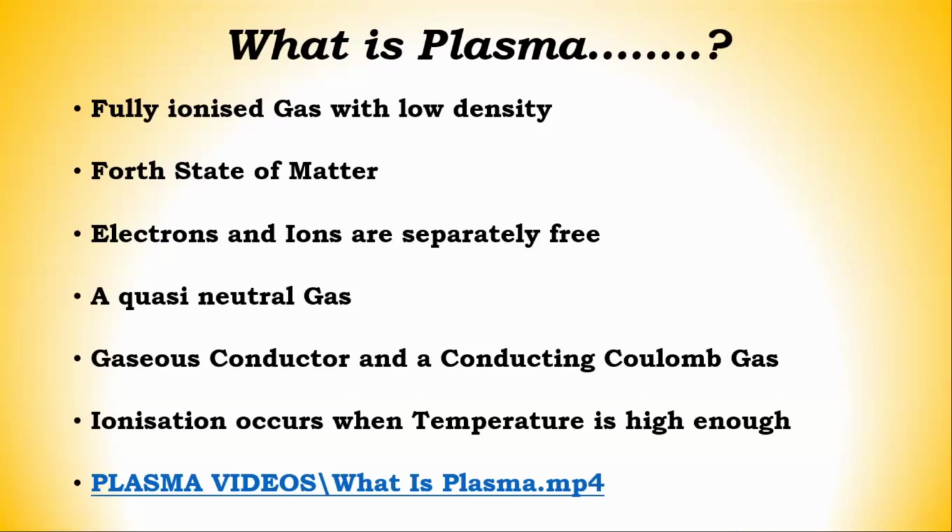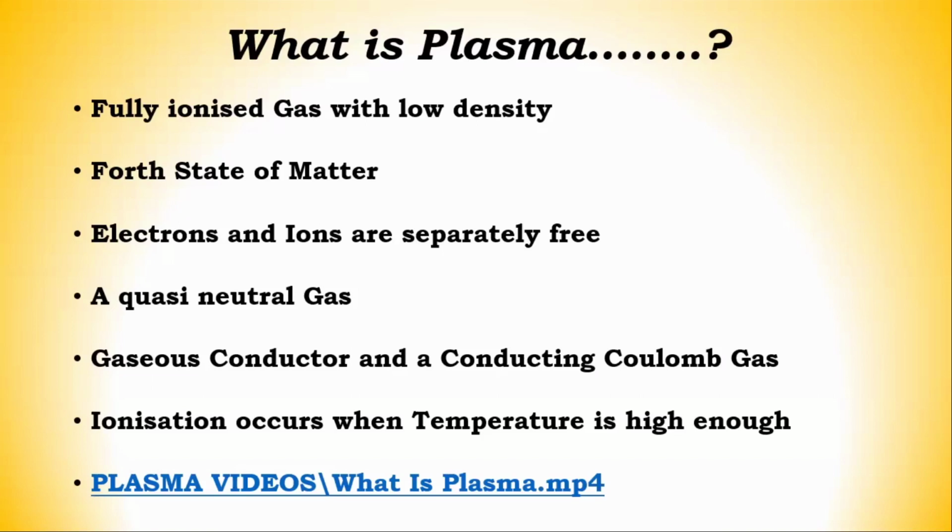In the plasma state, the electrons and ions are separately free. You can call plasma a quasi-neutral gas. Now, what is this quasi-neutral gas? Because the plasma consists of positive charges, negative charges, some neutral particles, some solid form of matter, some gaseous form of matter.